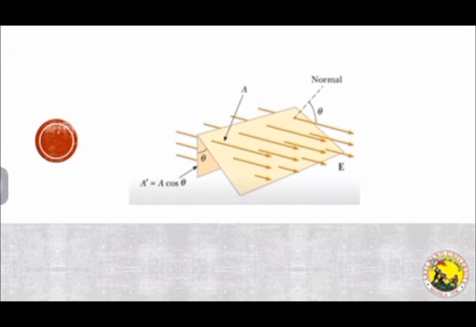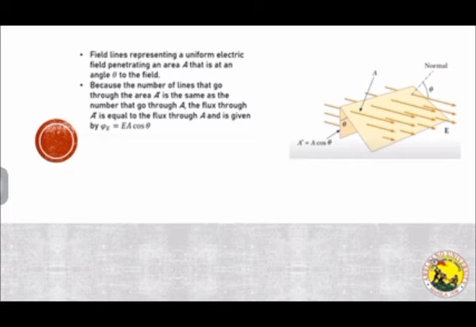If the surface under consideration is not perpendicular to the field, the flux through it must be less than that given by the equation earlier. We can understand this by considering the figure where the normal to the surface of area A is at an angle theta to the uniform electric field.